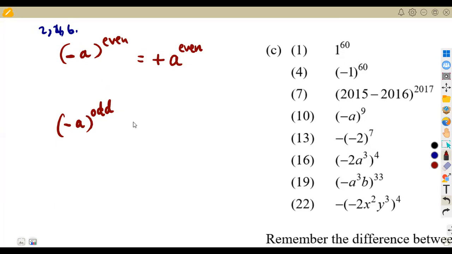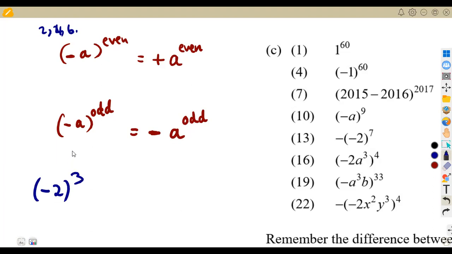In that case, it is going to remain as a negative. And a will be raised to the exponent of that odd number. What does that mean? Take into consideration negative 2 being raised to an odd number, a number that you can divide by 2 and get a remainder of 1.